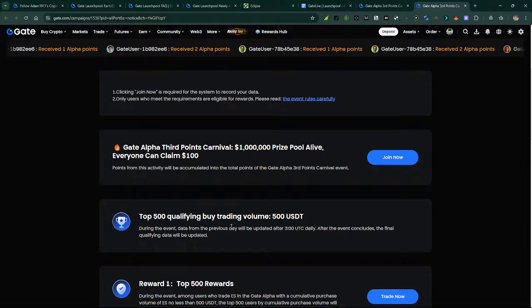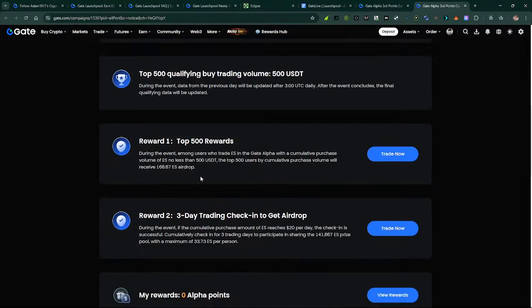During the event, data from the previous day will be updated after 3 UTC daily. It should be AM, so remember it should be AM. After the event concludes, the final qualifying data will be updated. So this is the reward one, top 500 rewards.